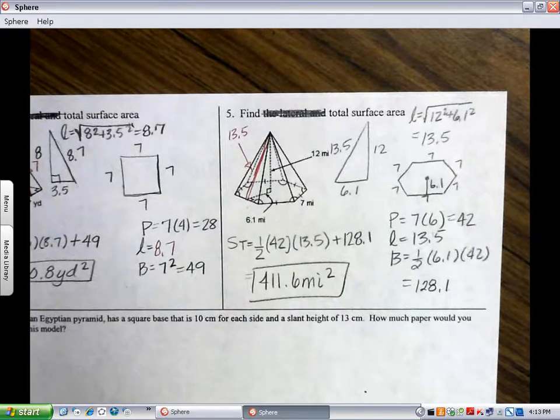So for my final answer, I got 411.6 square miles. I hope you did too.